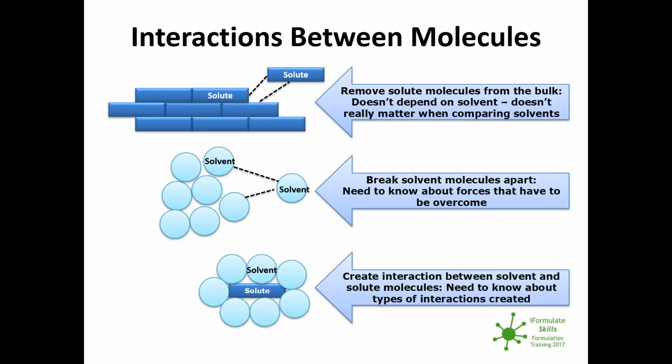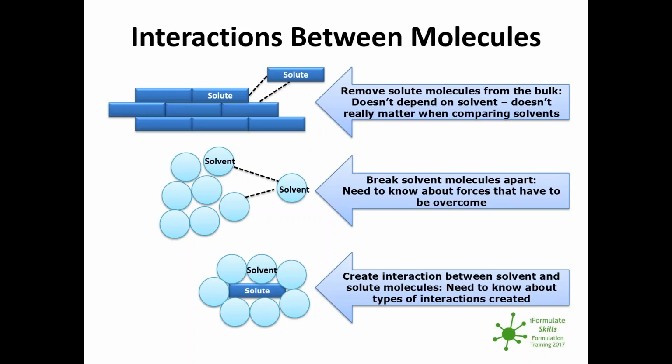Now here, when you're comparing solvents, this step doesn't matter because the solvent's not involved in this step, and really this is a way of measuring the interactions between the solute molecules. So for comparative solubility, that first step is not as relevant.